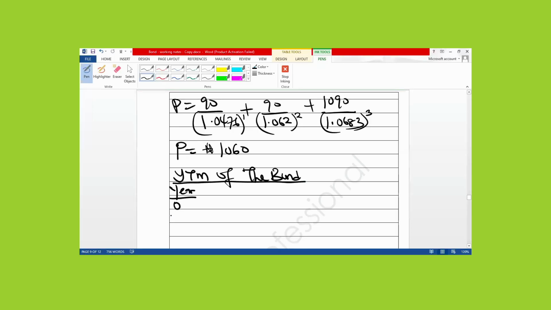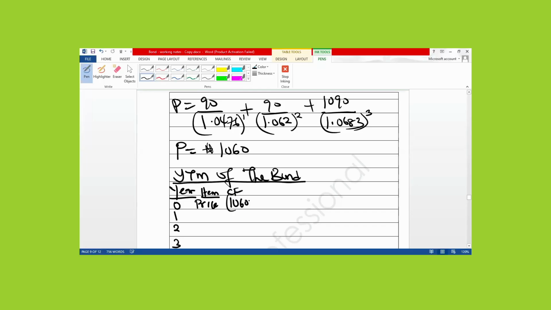You can do annuity, or you can do it individually, year 1, year 2, year 3, anyone you like. Year 0 is the price of the bond.